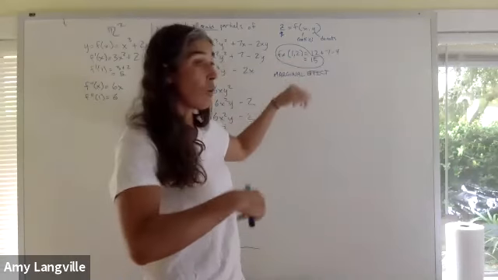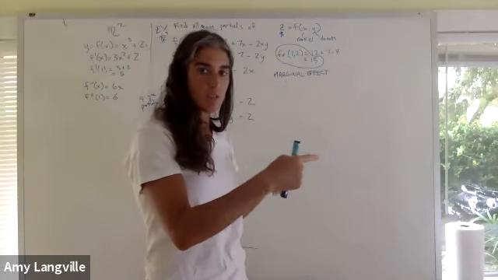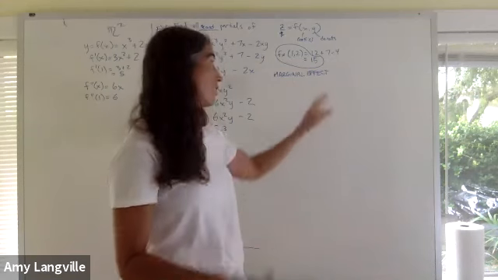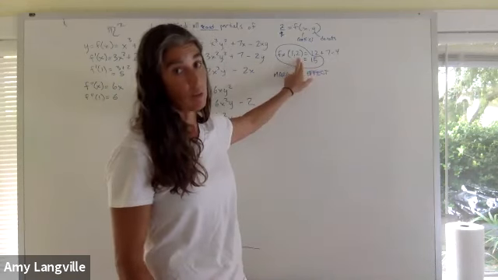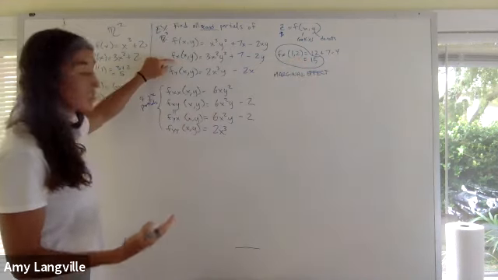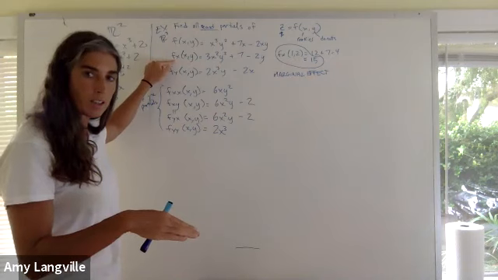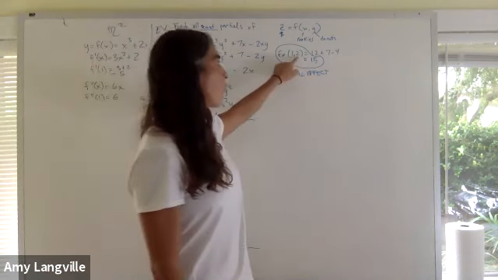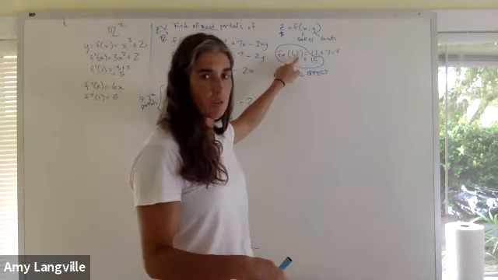So if you make 1 more cookie, you go from making 1 to 2, but you keep the number of donuts constant at 2. Because remember how you computed that partial. You computed the partial with respect to x by treating x like the variable and y like a constant. So I'm going to keep y constant at its value of 2.